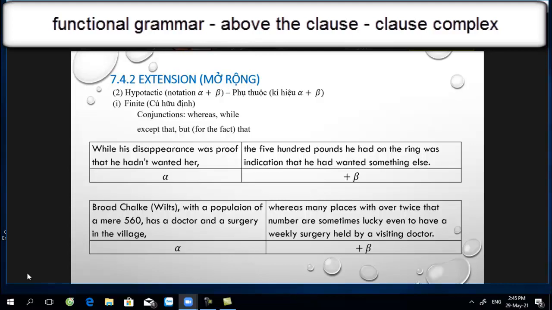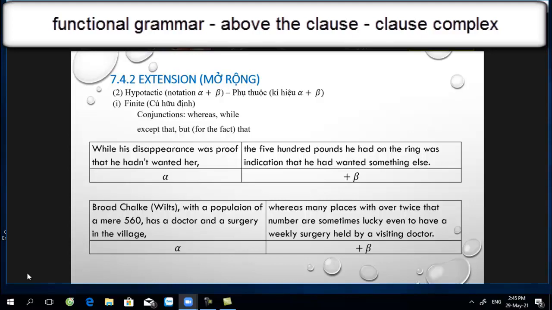The 500 pounds he had on the ring was indication that he had wanted something else. As you can see, we have the conjunction while, so that the two clauses have the opposite meaning. Yes, thank you. And the second one, please.